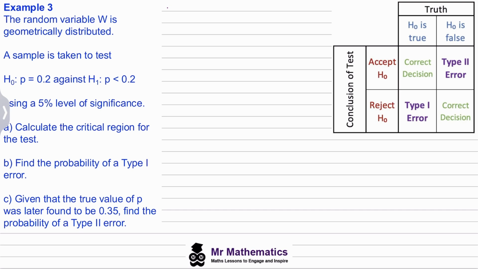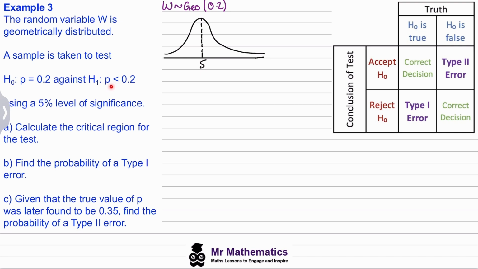Okay, so welcome back if you had a go. So if we assume then that W is distributed geometrically with a probability of 0.2, I'm going to sketch this geometric distribution. We know the expected value will be 1 over p, so 5.